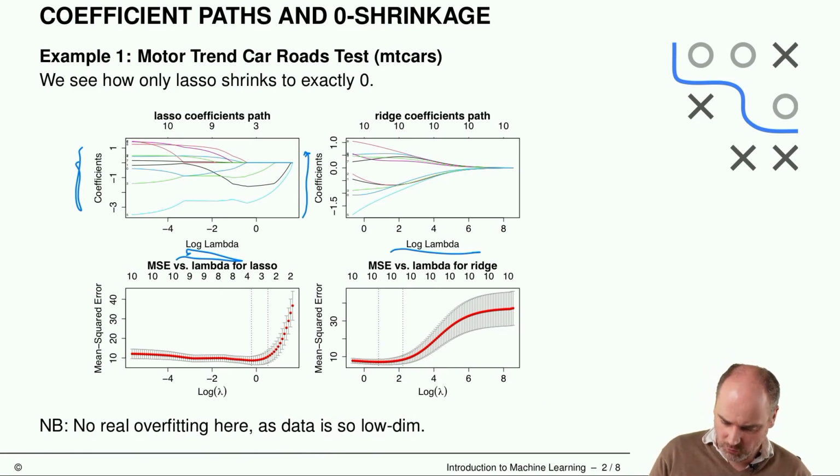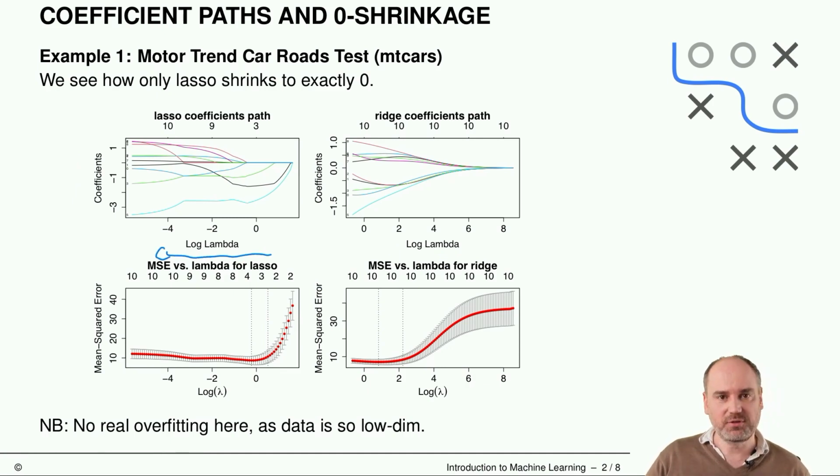So if we go from right to left, we start with a very large lambda value, maybe nearly infinity. All of our coefficients are basically shrunken to zero, and then they become larger and larger because we leave room for them in the model by weakening the penalty.